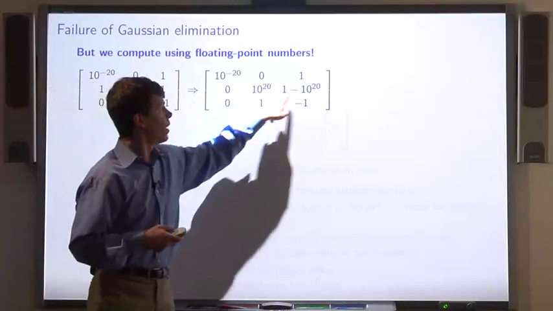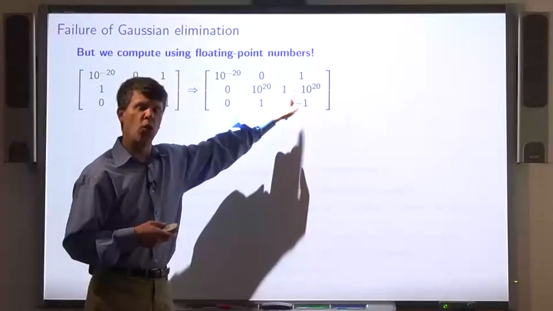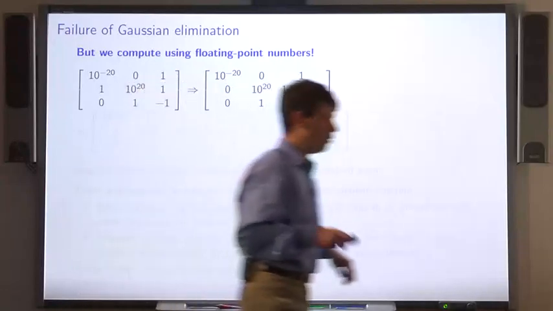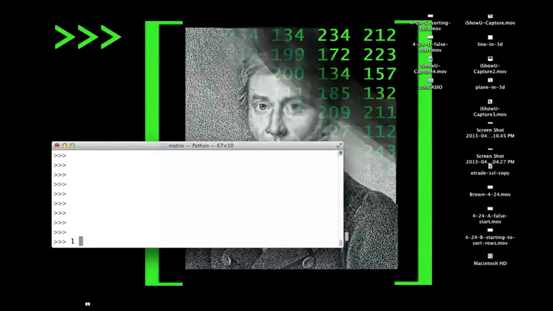And notice this 1 minus 10 to the 20. What does Python do with an expression like that? Let's find out. The result is just negative 10 to the 20.